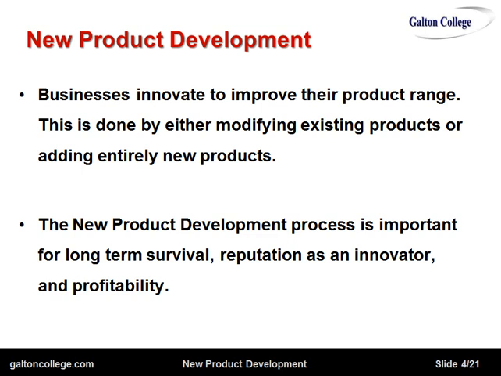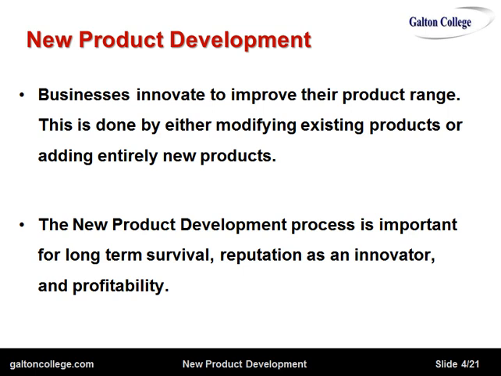Now, businesses innovate to improve their product range. This is done either by modifying existing products or by adding entirely new products. So they innovate to improve their product range, as I said, to diversify risk, so as not to be dependent on one product.